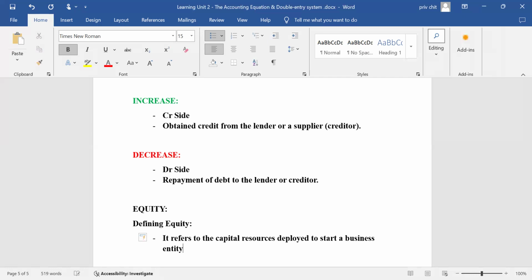Notice it's not only about starting a business entity, but also to expand a business entity's operations. So what I just explained to you, that's equity. It refers to the capital resources deployed to start or to expand a business entity's operations.